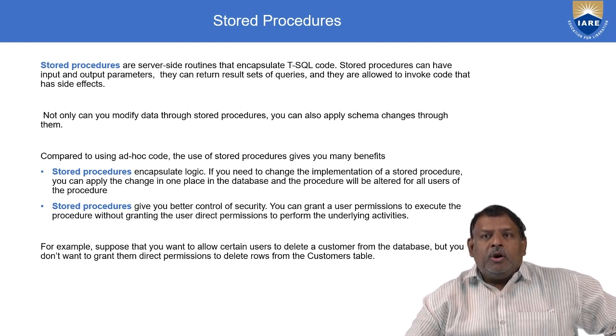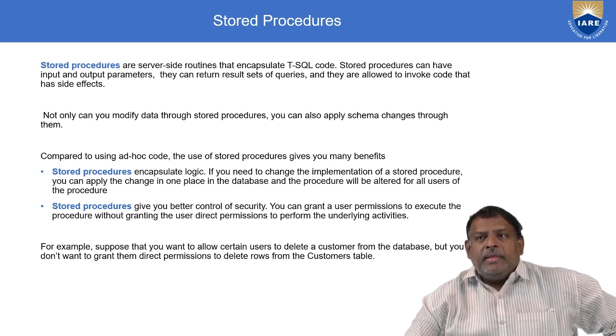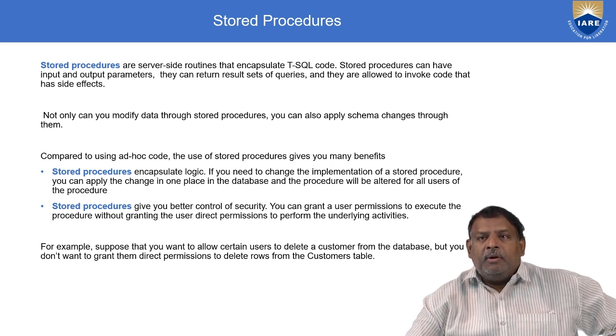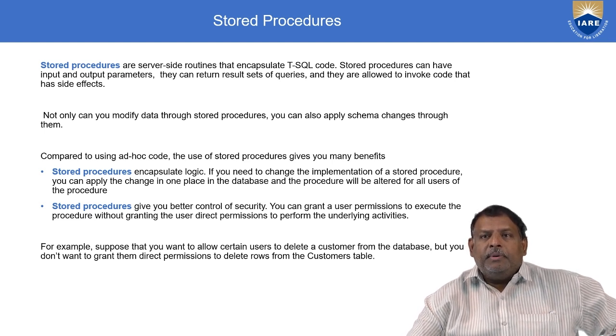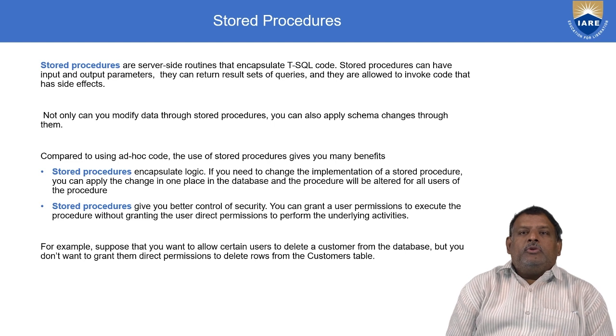Not only can you modify data through stored procedures, you can also apply schema changes through them. Now, ad hoc code is nothing but writing a select statement in a query analyzer, like select star from EMP, select star from a table name. Now we'll see the comparison between the two.